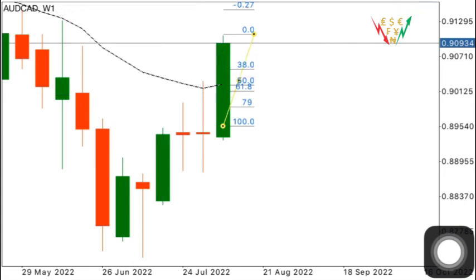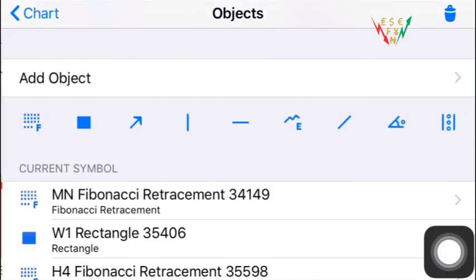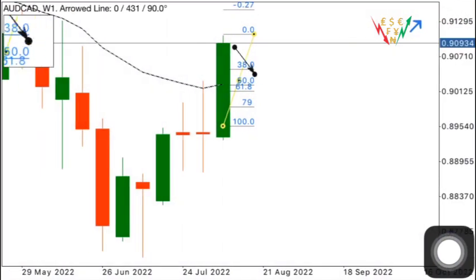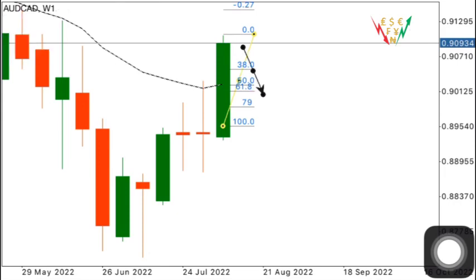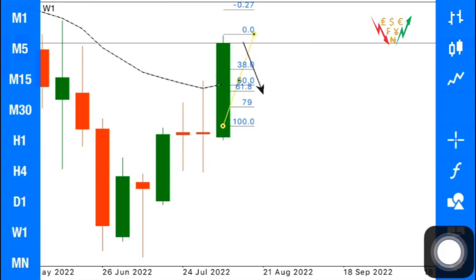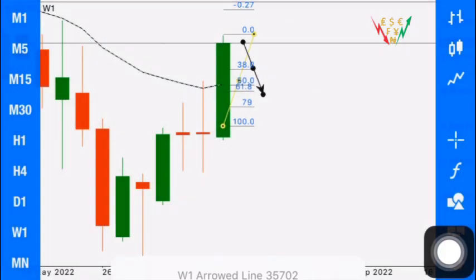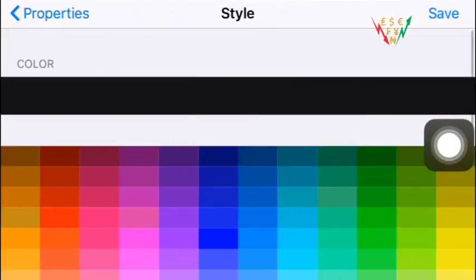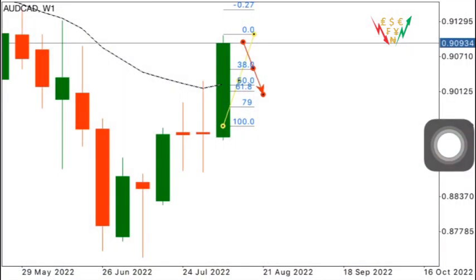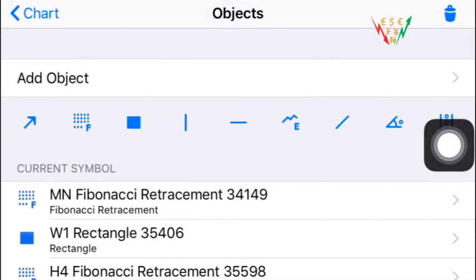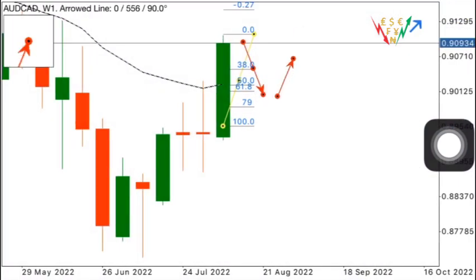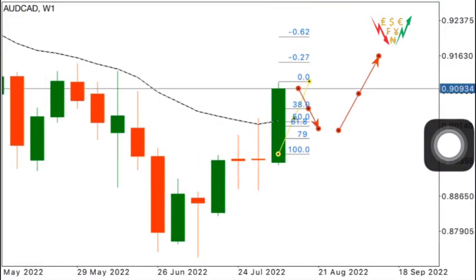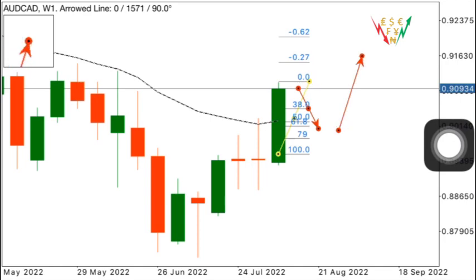So if price actually comes down to this point next week, it could signify a very good entry. Let me change the color to red. And then I want to see price react here and take price higher to where minus 0.27 is actually a cool one.